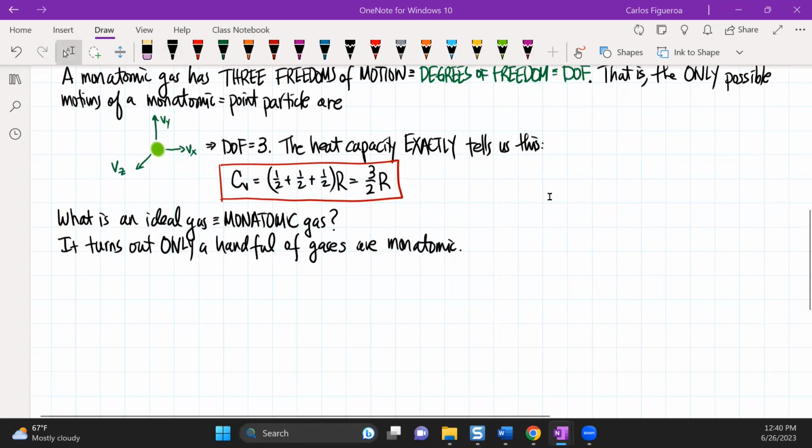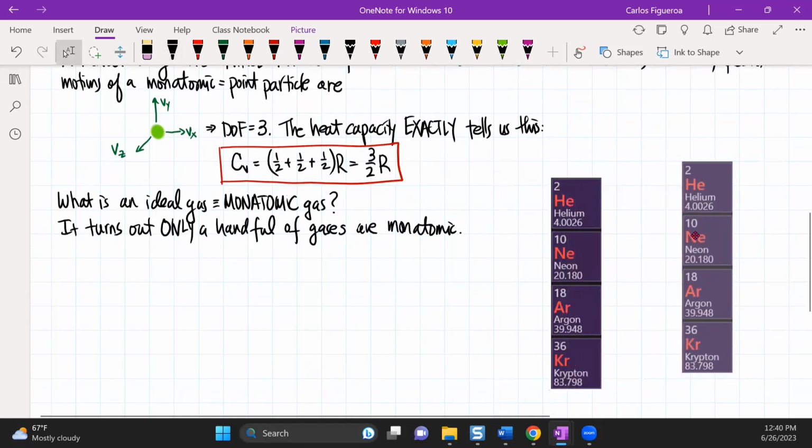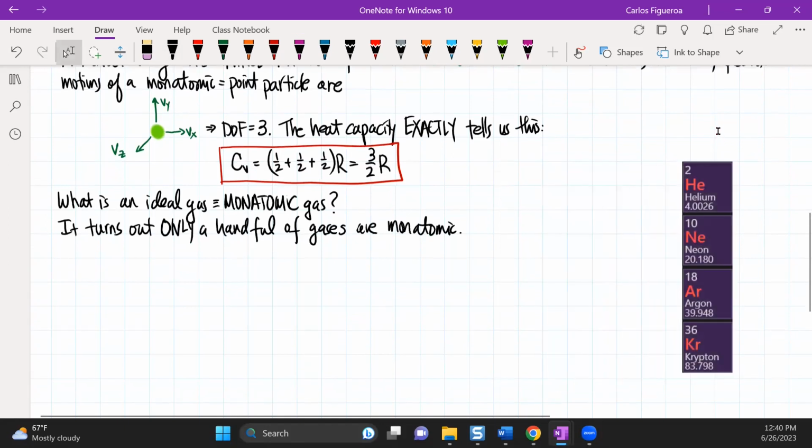There's some exceptions, but this is what the periodic table shows. So when you think of an ideal gas, the one element you should be thinking about is helium. Helium is by far the best ideal gas. Now, these others, it turns out that it's more complicated.